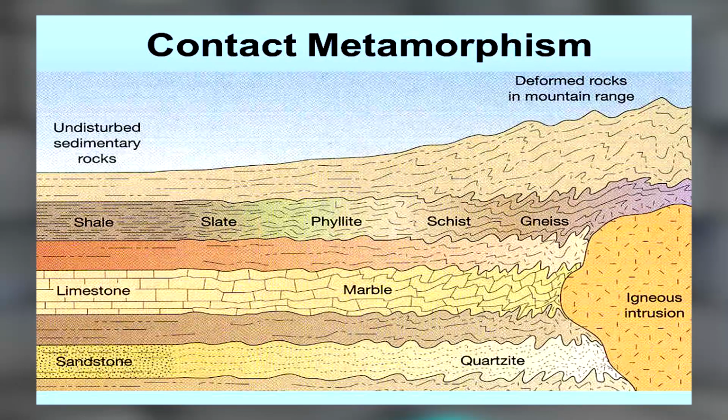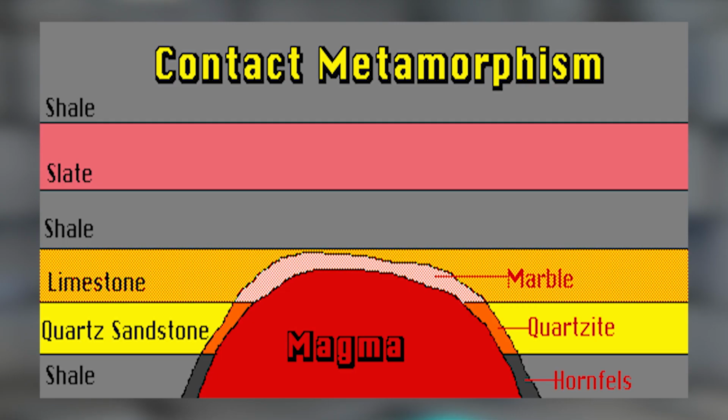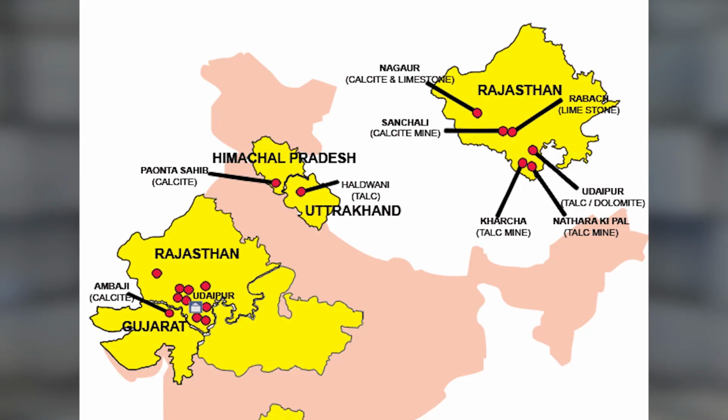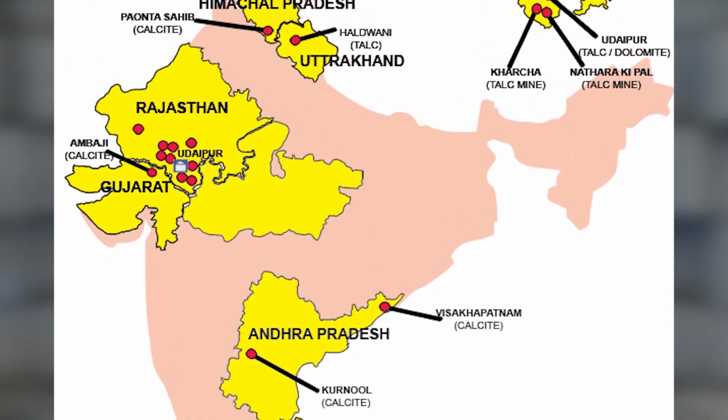Contact metamorphism is best observed in calcareous rocks which have been intruded by magmatic bodies like felsic or basic magma. The best Indian example of thermal metamorphism is the wollastonite mines, Sirohi district, Rajasthan.